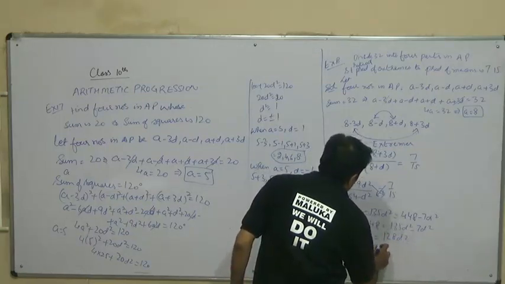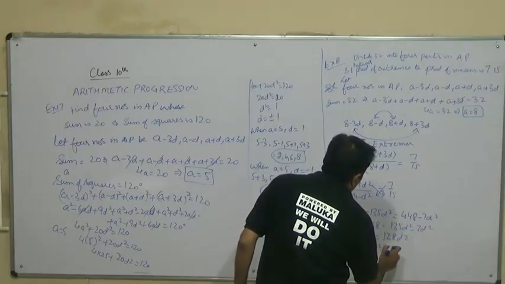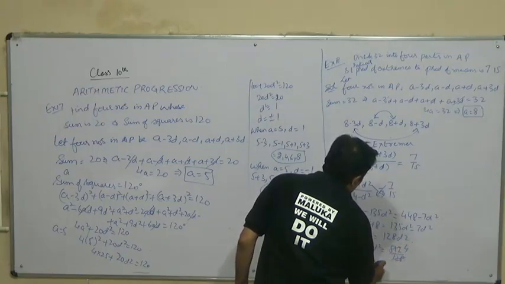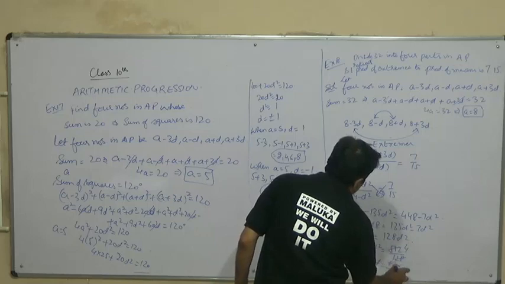So d square is equal to 512 upon 128, which is 4, so d is equal to plus minus 2.